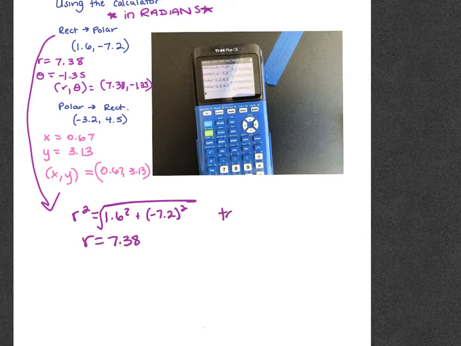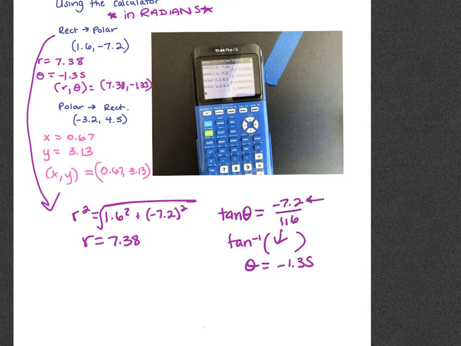And then I would do tangent of theta equals y over x, negative 7.2 over 1.6, and I would do tan negative 1 of that, and I get theta equals negative 1.35. If you use a really basic scientific calculator, you'll have to divide negative 7.2 by 1.6, which is negative 4.5, hit enter, then hit second tangent to get your theta.